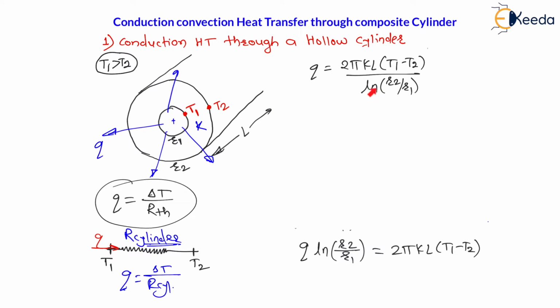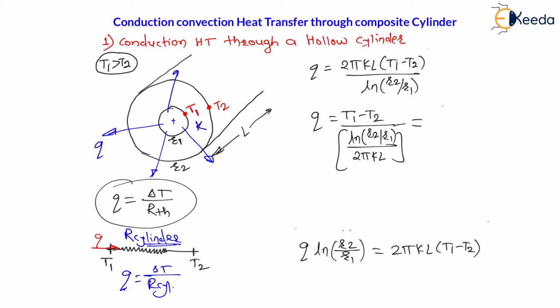Now let us equate this analogy. Therefore, we can write here this Q is equal to (T1 minus T2) divided by [ln of R2 divided by R1 divided by 2 pi KL]. This is how we can write.